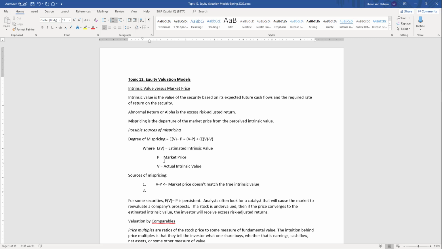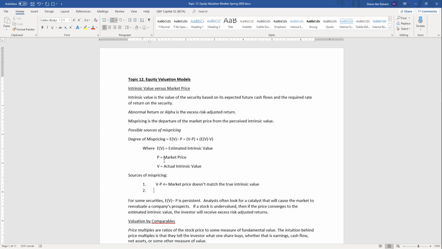They're looking for places where the true value of that stock is different than the market price. So if the true intrinsic value of a stock is greater than that market price, we would expect the price to adjust up as more people realize that and demand for the stock increases. Or if the intrinsic value is less than the current market price, we'd expect the price of that stock to go down. And we can make trades based in either case to take advantage of that mispricing and gain an abnormal return.